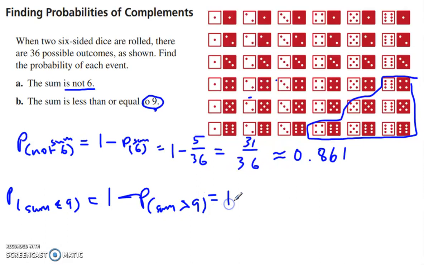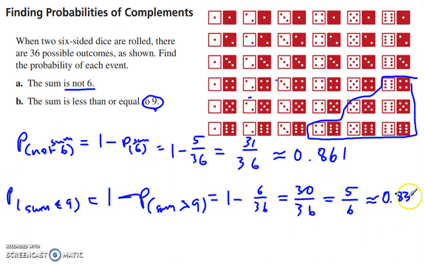Okay, so that's 1 minus 6 out of 36, and that is 30 out of 36. We can simplify that down to 5/6, and that is about 0.83. All right, so that's finding a complement. Sometimes it's easier to say, okay, how many are the opposite, and then we subtract that from 1.